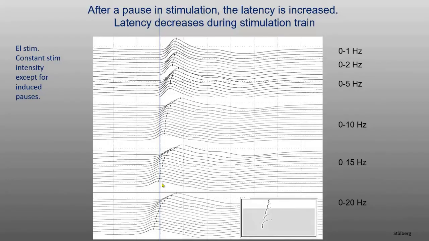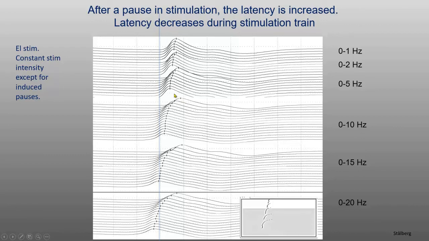During activity, the muscle fiber conduction velocity is increased, and after a rest less than 1 second, the velocity goes down to a basal level. This is seen when we activate the muscle with bursts of stimuli and insert a pause here and a pause here. After the pause, the latency is longer.